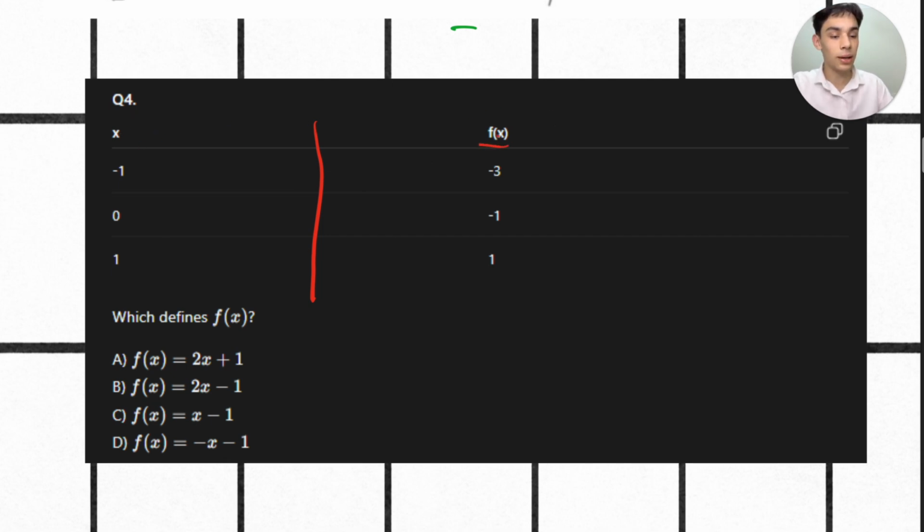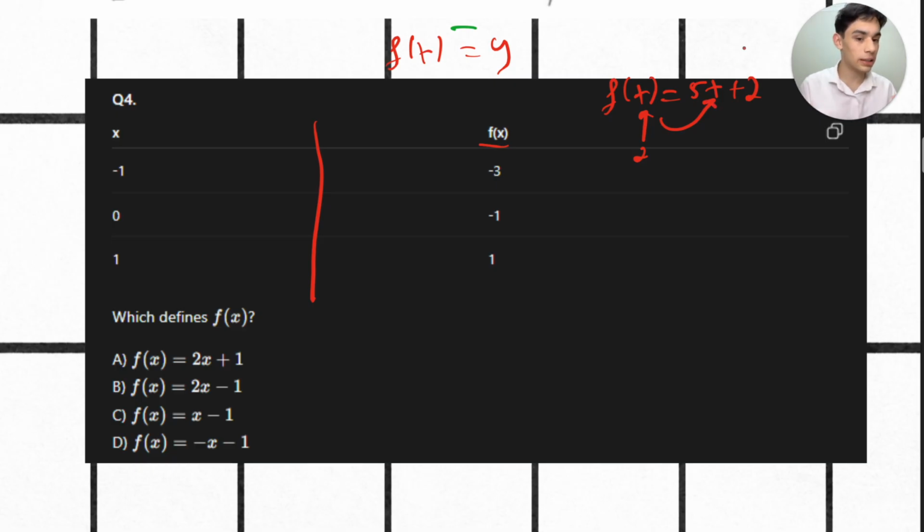Now, this might seem new to you. All this is f of x equals y. So this represents your y value. Let's say we have a function f of x equals 5x plus 2. Now, if I plug 2 instead of x, it basically puts 2 wherever it sees x.